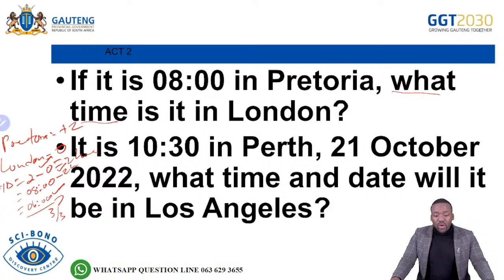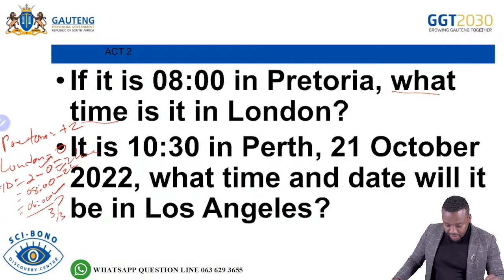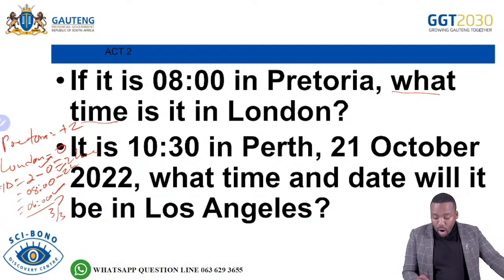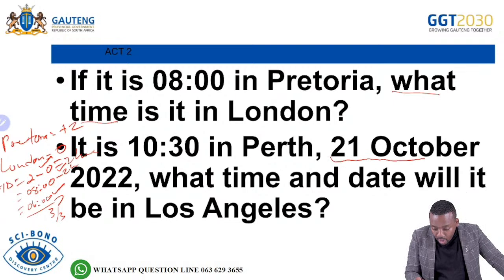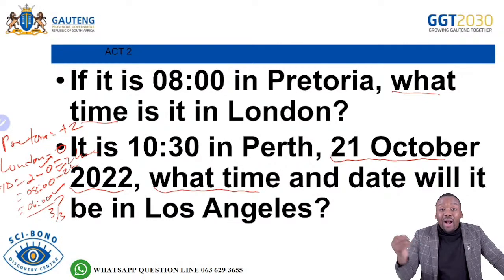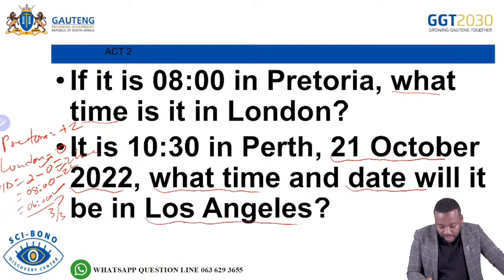But then we move to the second activity. Now listen carefully to this one. If it is 10 hours 30 in Perth, then there's a call. 21 October 2022. Calculate the time and date it will be in Los Angeles.